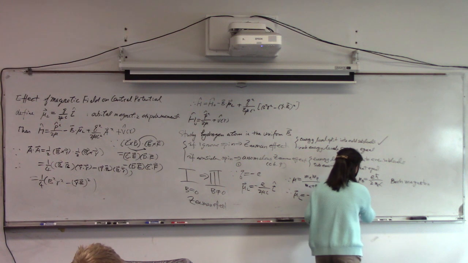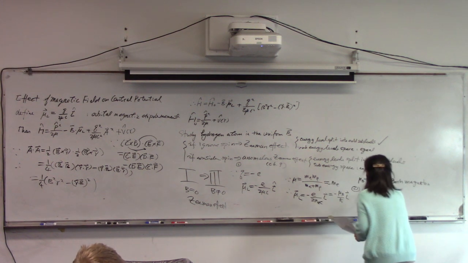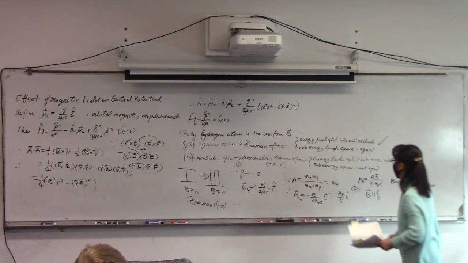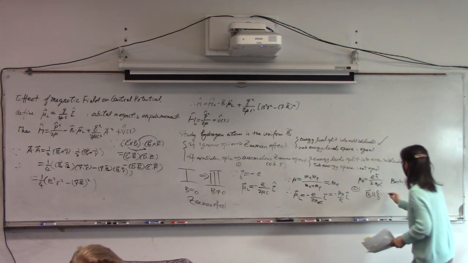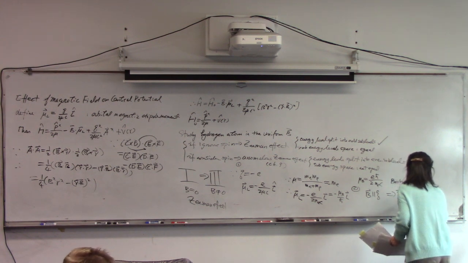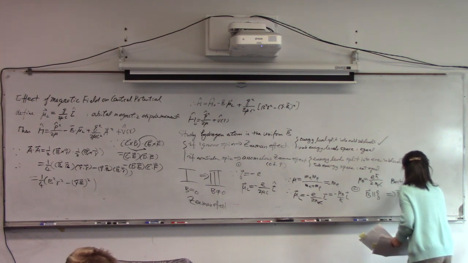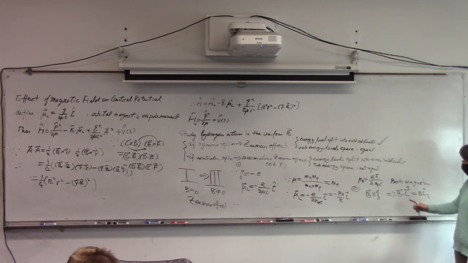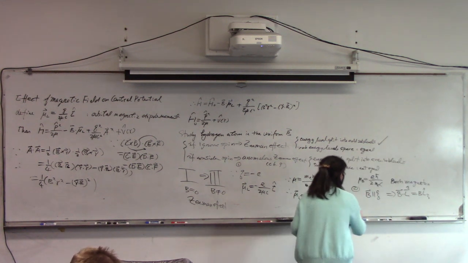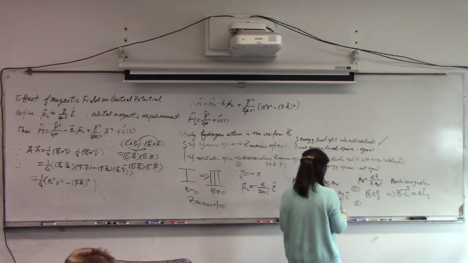Second, we select B parallel to the z-axis. Then the inner product B dot L is B L_z, right? So now we can rewrite the third one. We can remove this term.